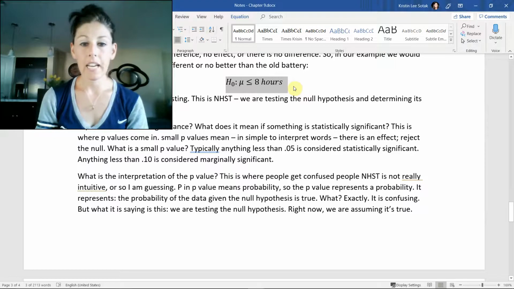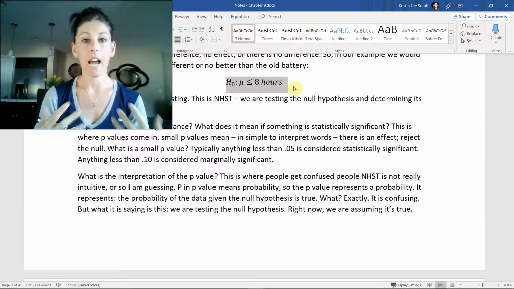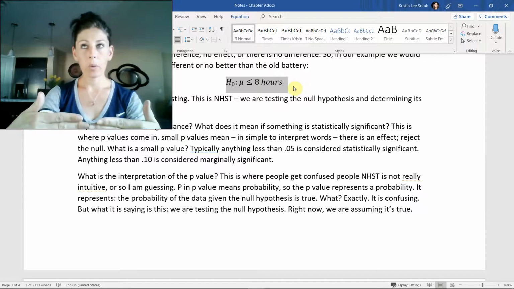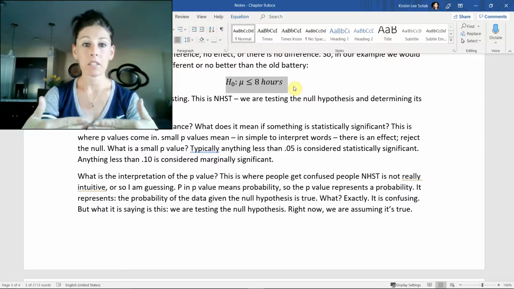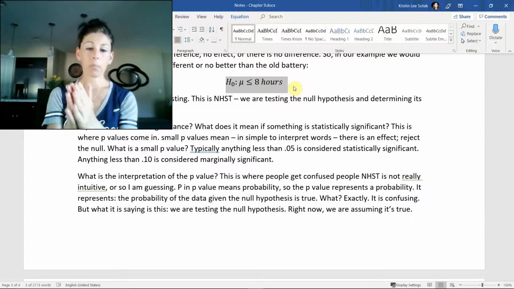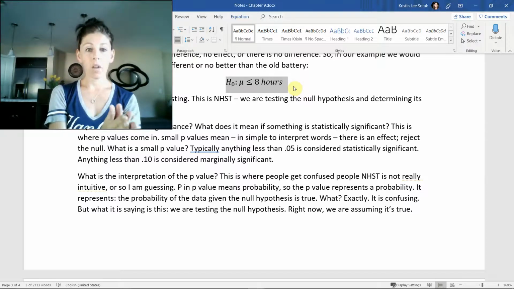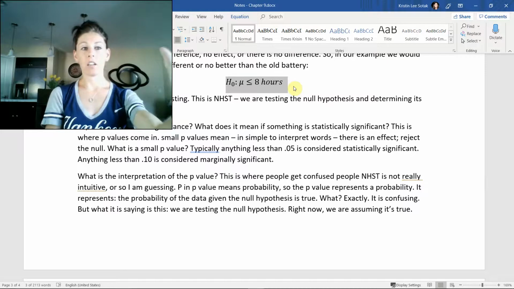And how we test this is with null hypothesis significance testing. How we assess that null hypothesis is with a p-value. If our p-value is small, what's small? Generally speaking, less than 0.05. If it is small, we can say reject that null.